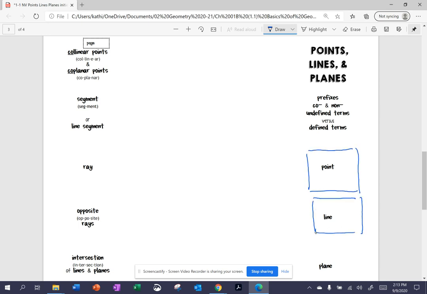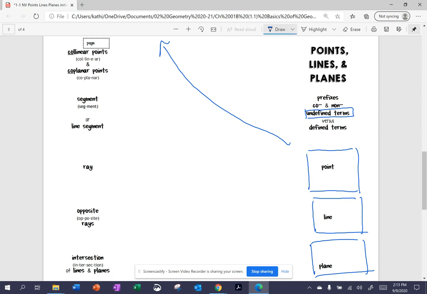lines, and planes. Points, lines, and planes are what we call undefined terms. And again, these are going to be on this side, inside the foldable.